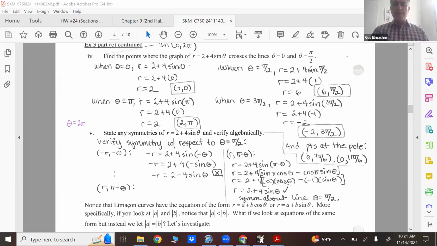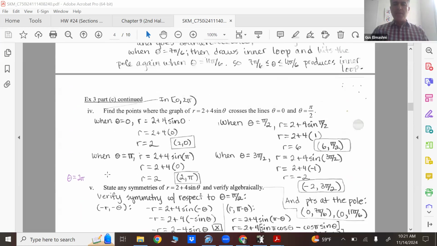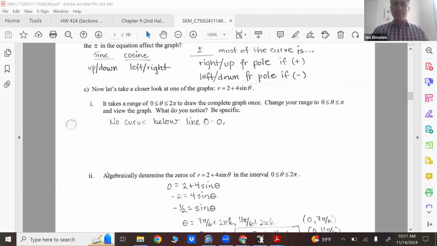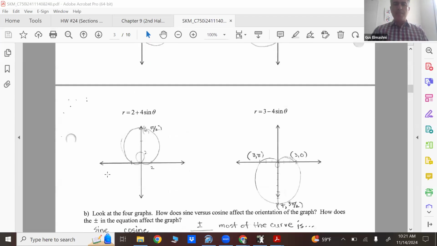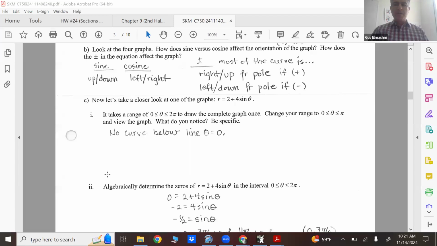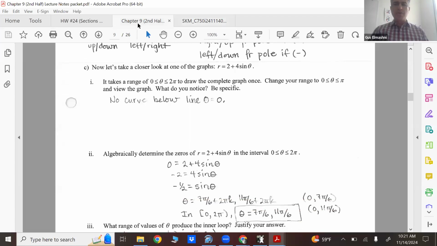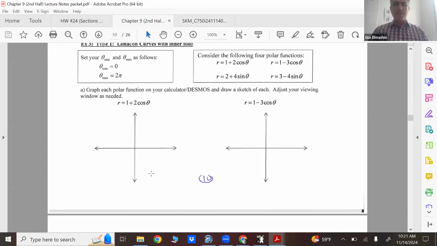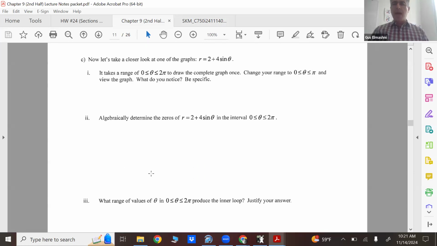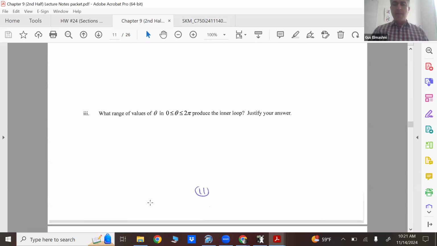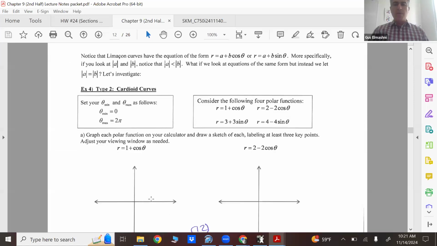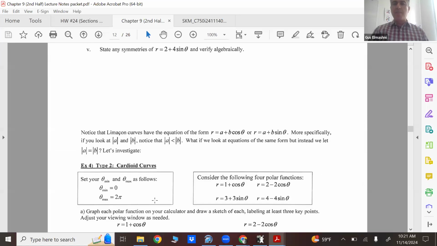No, I know that, but let me recap part C just to make sure we're clear on everything, because this is all brand new stuff. So let me recap this part, even though you have it filled out, and then we'll move on to cardioid curves, okay?